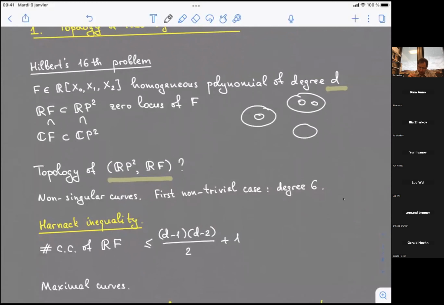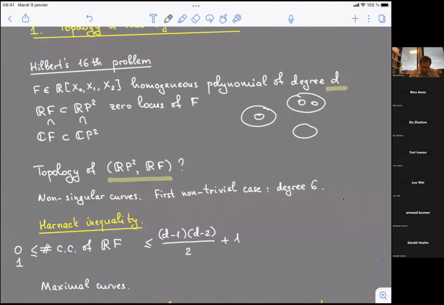And so in principle, it's not difficult to understand that it gives a topological classification of non-singular curves of given degree in RP2, because the number of connected components is bounded from above by this genus plus 1, according to Harnack inequality. And of course, you have a lower bound. So this number is bounded from below by 0, and even better.